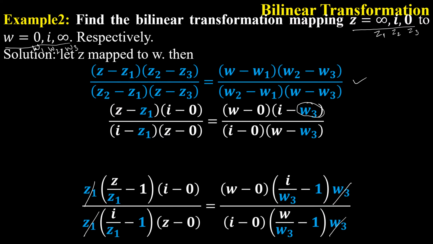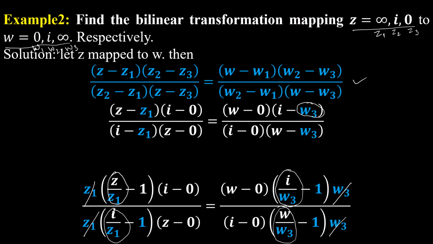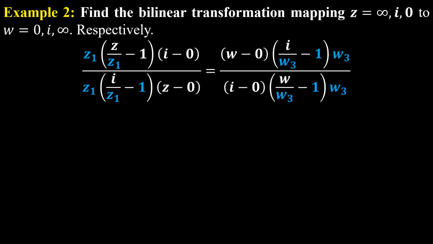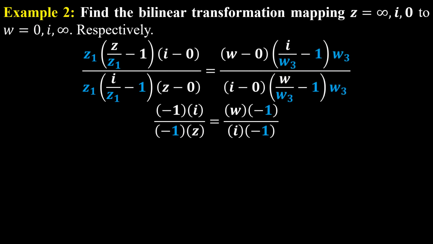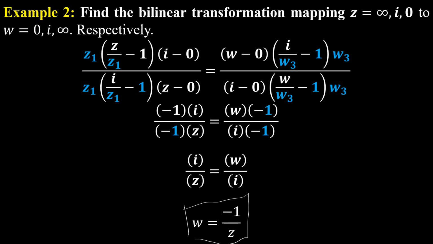As Z1 and W3 are infinity, this whole fraction is going to be 0. In the same way, i/W3 is going to be 0 and w/W3 is going to be 0, as W3 and Z1 are infinity, as given. After that, what we are left with here is −1, i, again −1 and z. We simplify the values, and by simplifying we get w = f(z), where f(z) is −1/z. So this is the required answer.